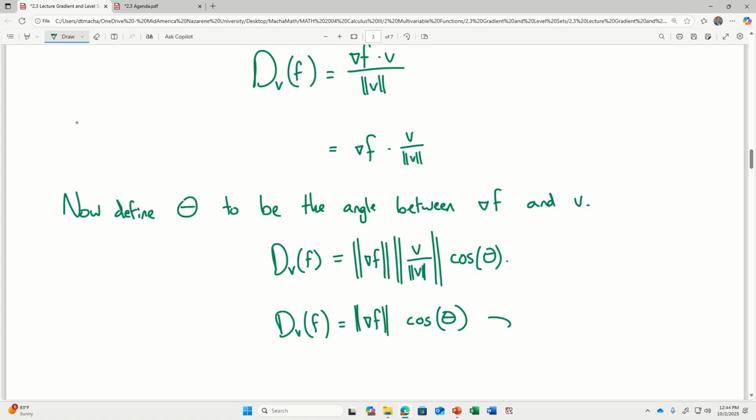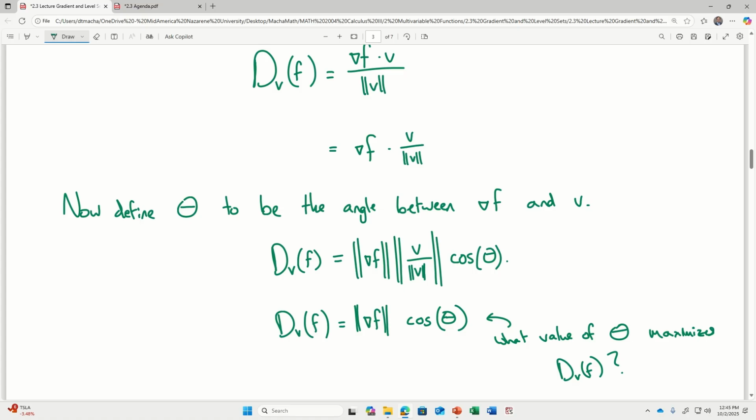And now ask, what value of theta maximizes the directional derivative? What's the maximum value of cosine? Cosine tops out at 1. And what value of theta do I need? 0.